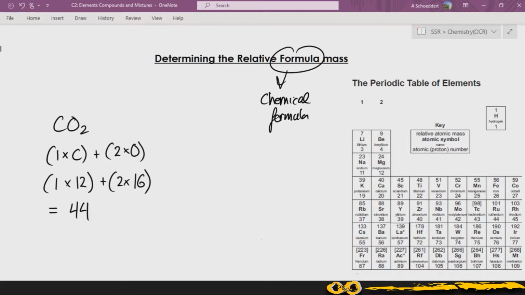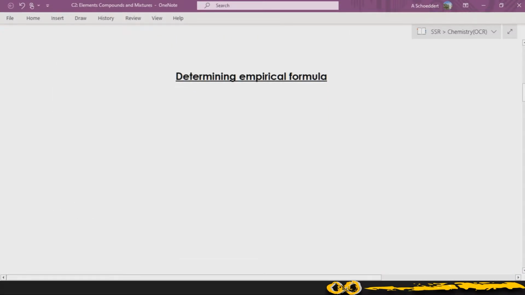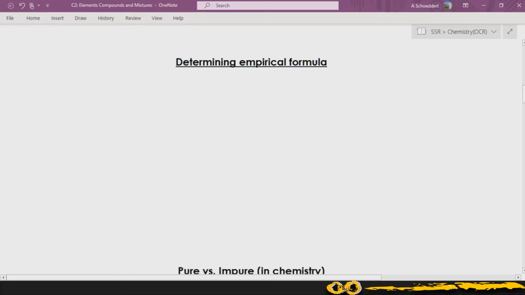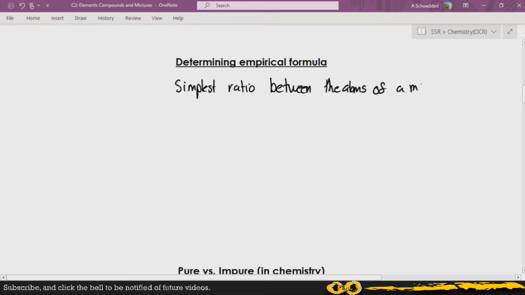There's another type of formula that we might need to determine, and that is the empirical formula. This is the simplest ratio between the atoms of a molecule. In order to determine this, you need to use the largest common factor with your formula.